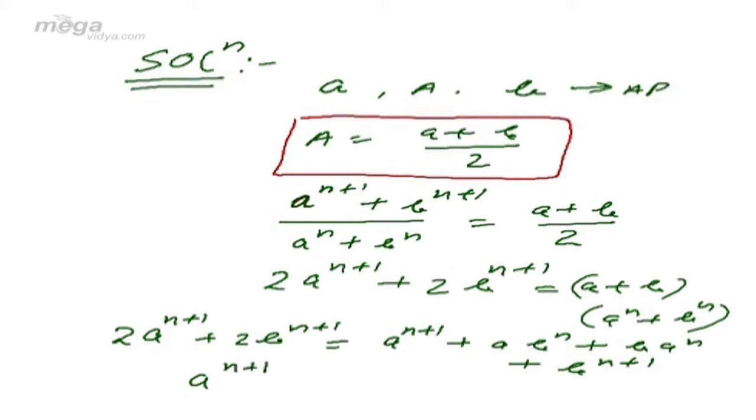And here 2b^(n+1), and on this side it is b^(n+1), so b^(n+1) on this side. Then a^(n+1) + b^(n+1) is equal to ab^n + ba^n.